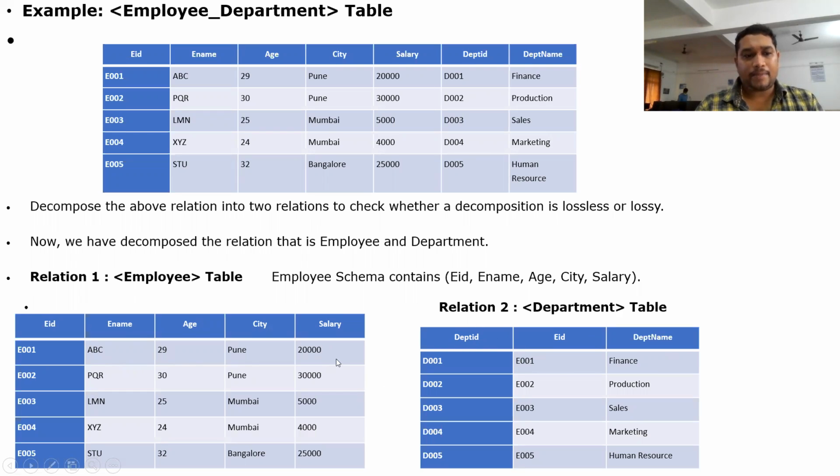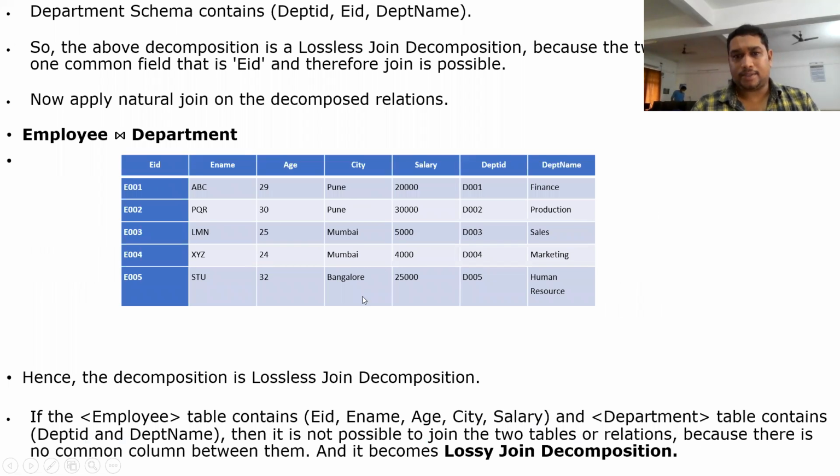Now you are combining these two relations, and you will get the original relation. So the above decomposition is a lossless join decomposition because the two relations contain one common field called EID. So when you combine by means of the join operator, you will get the original data, either the original data or some additional data.